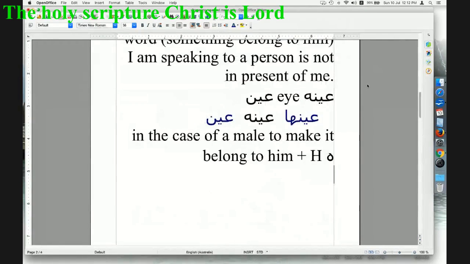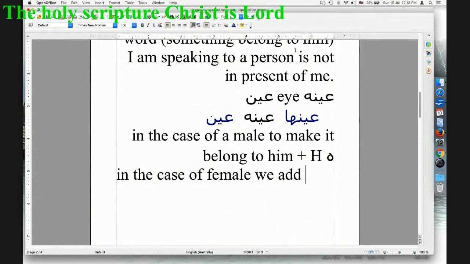Then we continue, we say, in the case of female, we add ha and alif, which is like this.